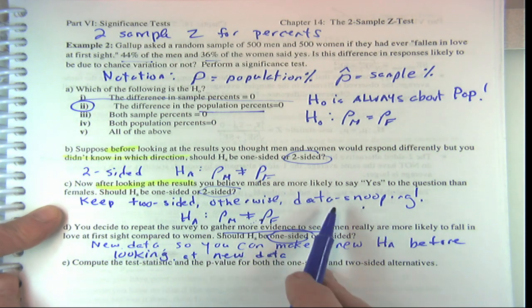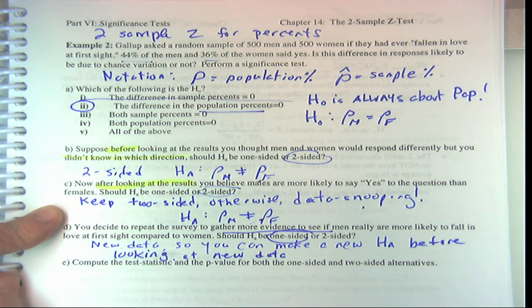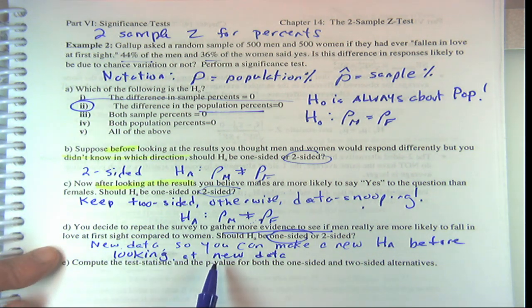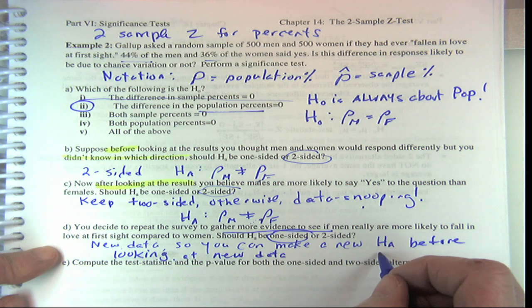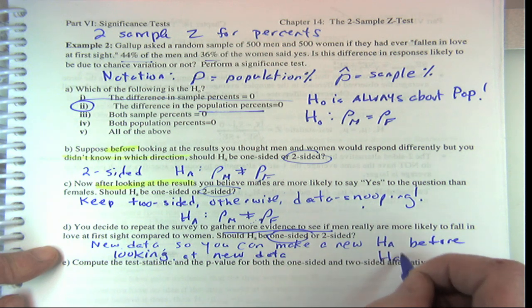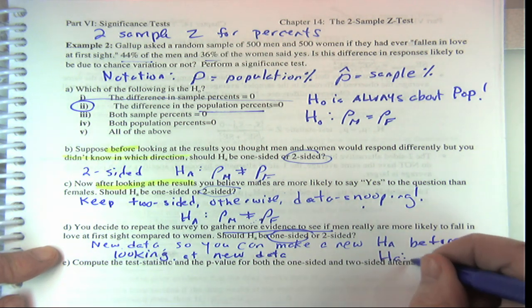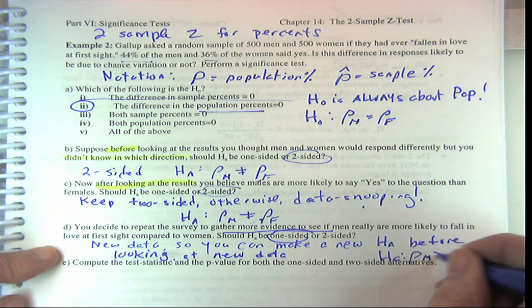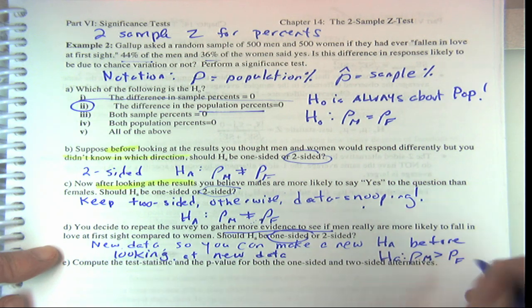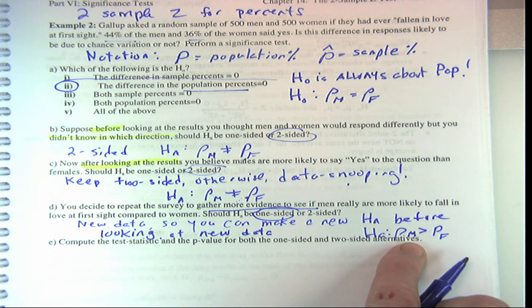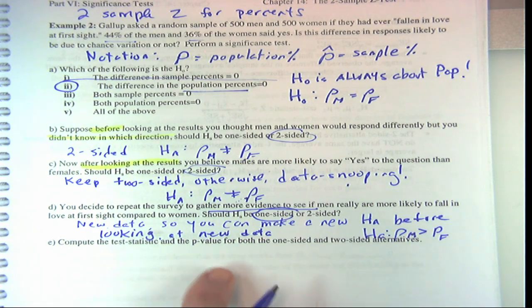But if you want to collect more evidence and do another independent survey, where the results aren't connected to the last one, now that you have more information, you update your hypothesis, and now you think it is one directional. Your alternative hypothesis is that the percentage of males in the population is going to be greater than females. You're updating your hypothesis, then you take a new survey and you collect new data.